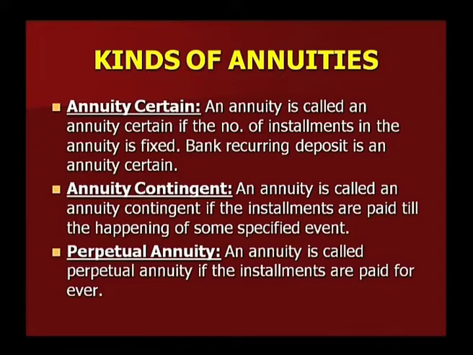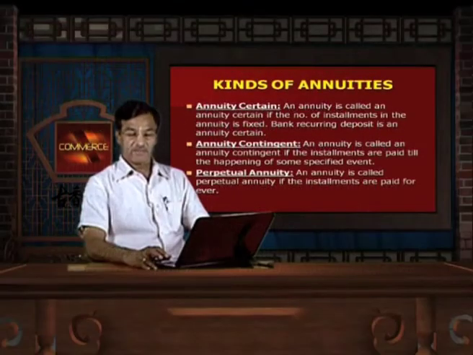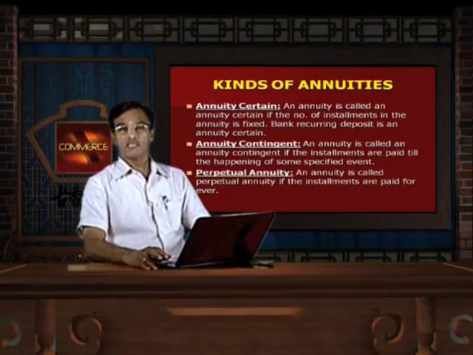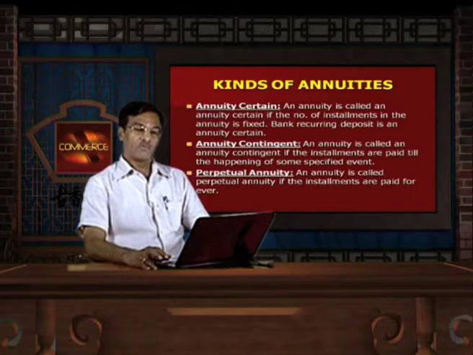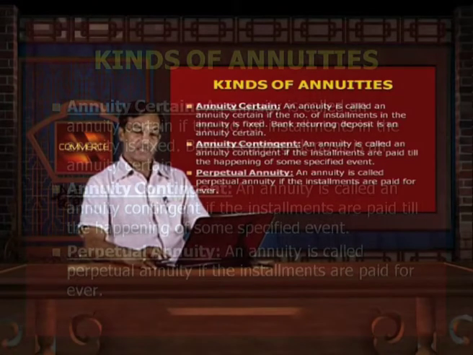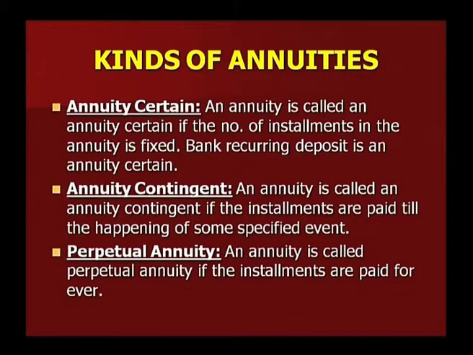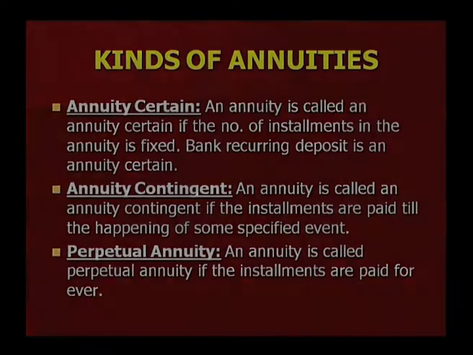Perpetual annuity. An annuity is called perpetual annuity if the installments are paid forever. Here we have discussed the three types of annuity: annuity certain, having a fixed number of installments; annuity contingent, having installments till a specific event; and perpetual annuity, the annuity forever.